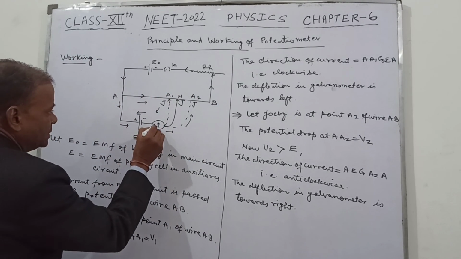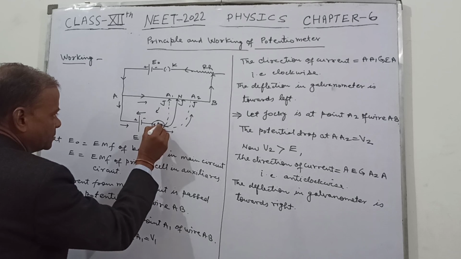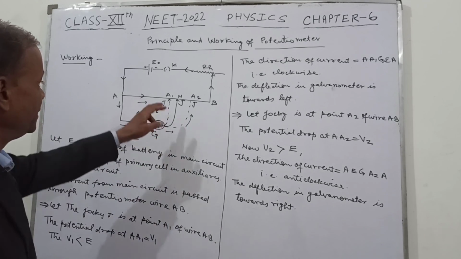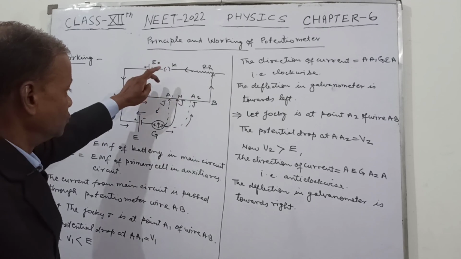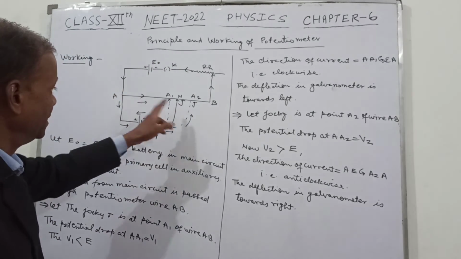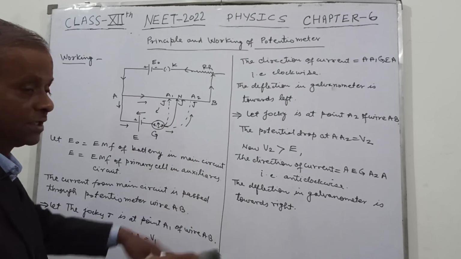Towards right means the deflection will be in this direction. So now, between points A and A2, at point A1 the deflection is towards the left and at A2 the deflection is towards the right.